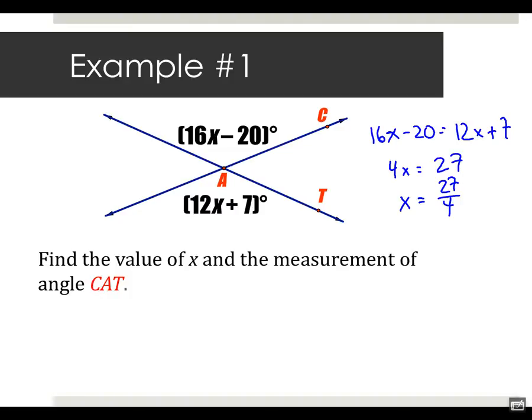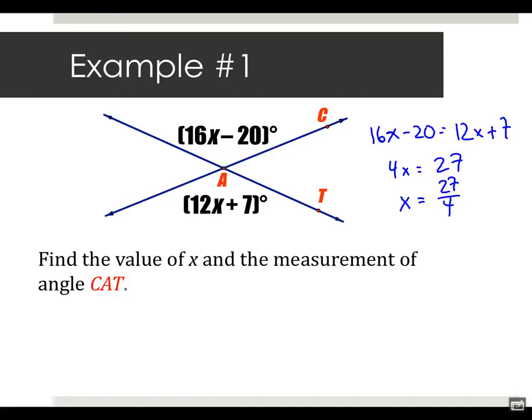Which would you prefer? 16x minus 20? You want to go up on the top one? We could do 16x minus 20, and then that equals 180.